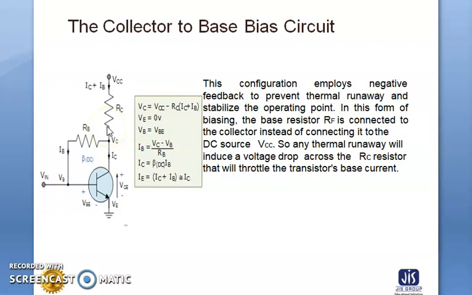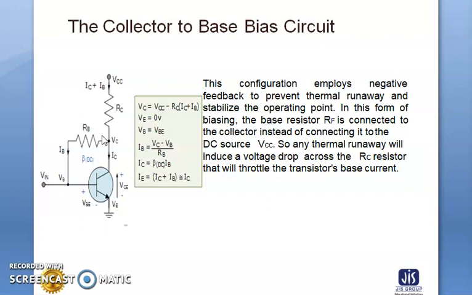So IC will stabilize. The opposite reaction will also occur when the transistor's collector current reduces.